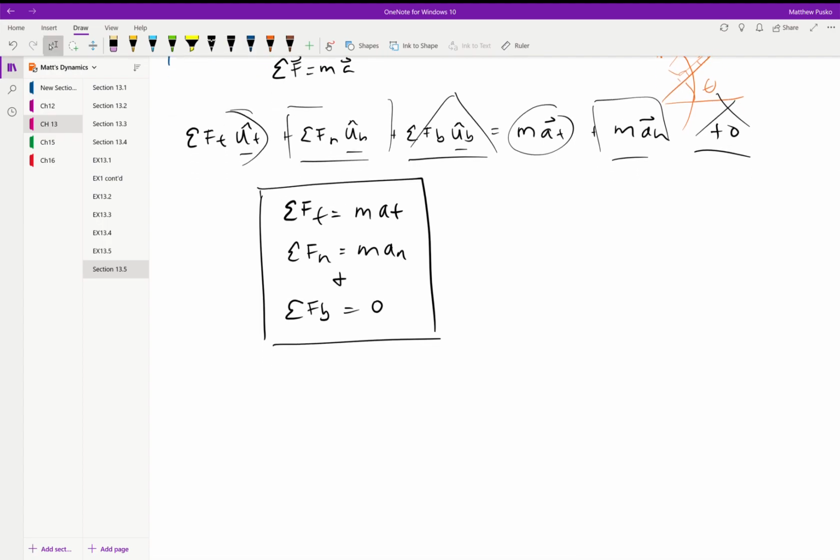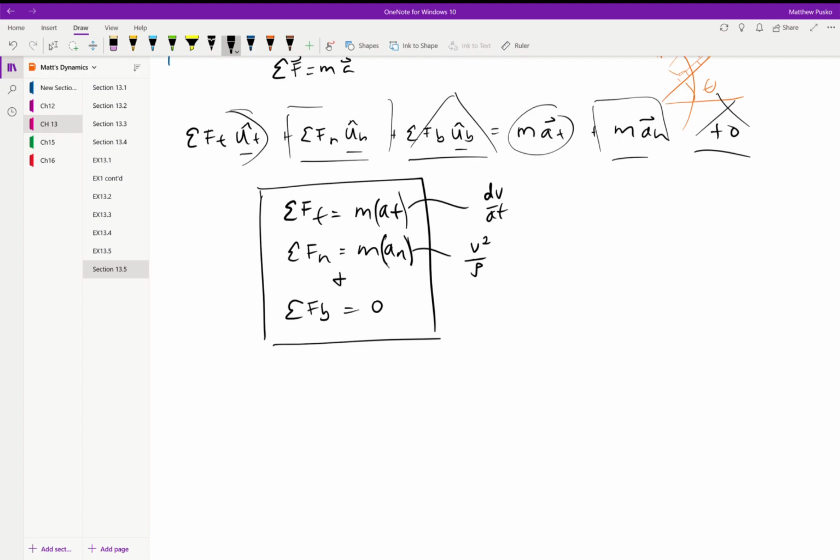The only unknowns are, well, we looked at this last semester. The tangential acceleration is literally how fast you're speeding up on the path, or dv/dt. We also need to know the normal component of acceleration. We found that as v squared over rho.